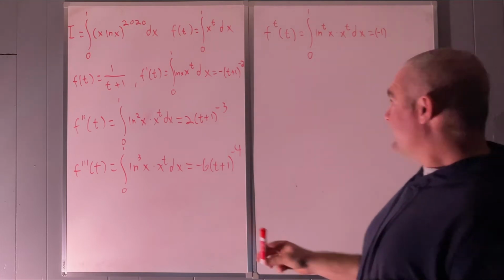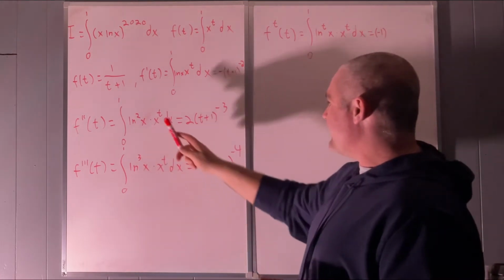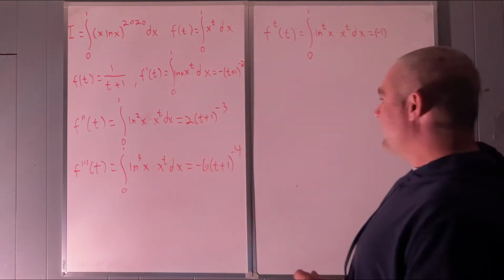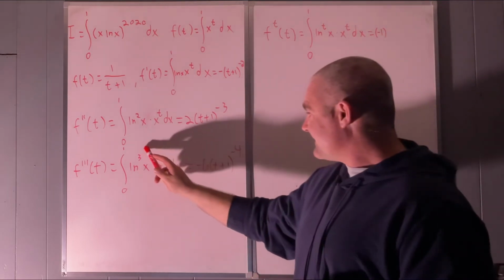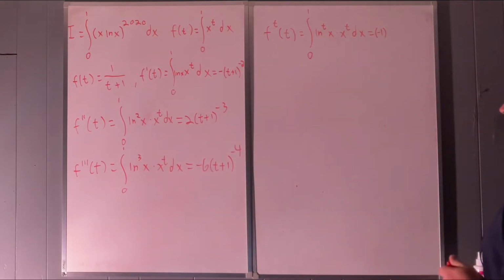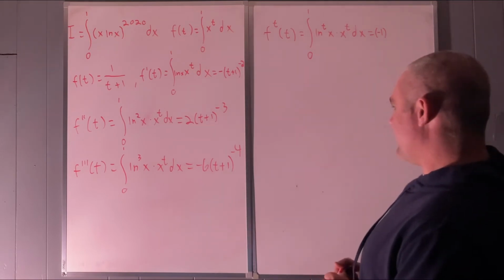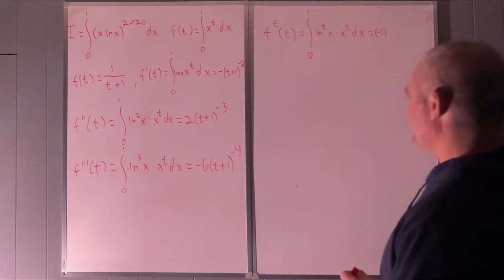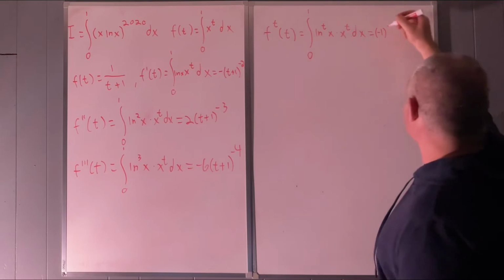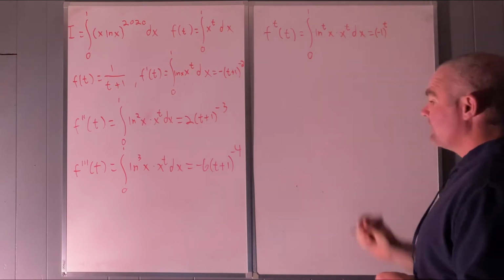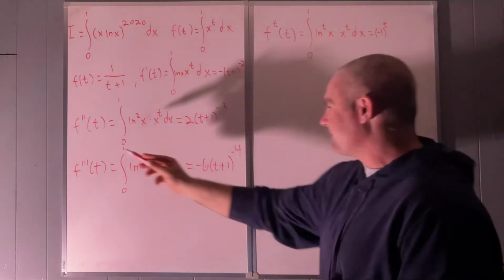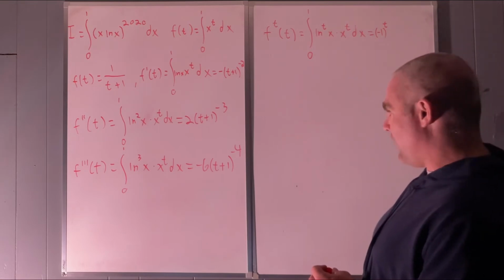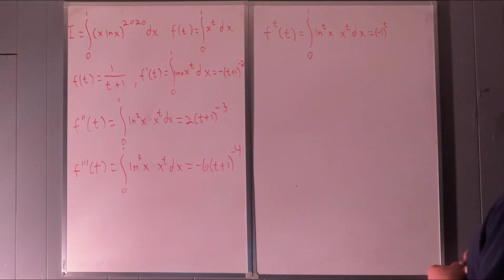If this is an even number, then we have positives. If this is an odd number, then we have negative. So it looks like it's negative 1 to the t. Because if t equals 2, if our tth derivative is the second derivative, then that would be squared, and negative 1 squared is positive. So yeah, that's correct.